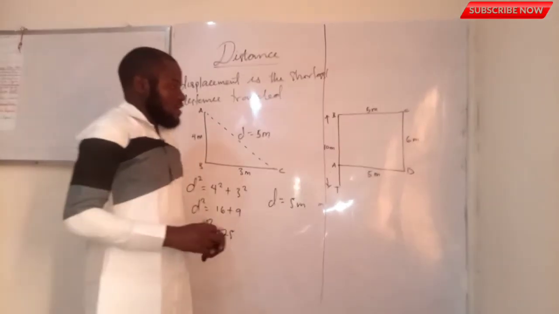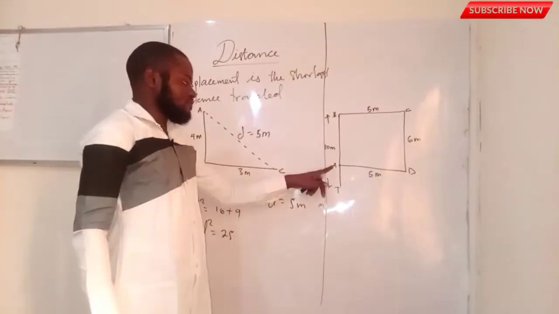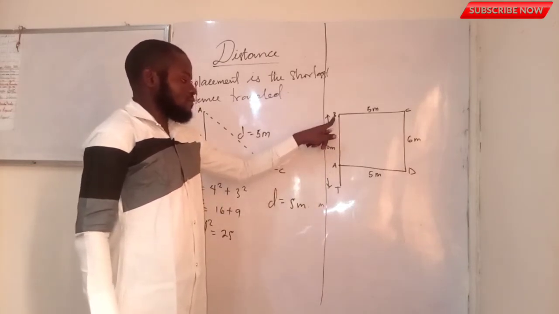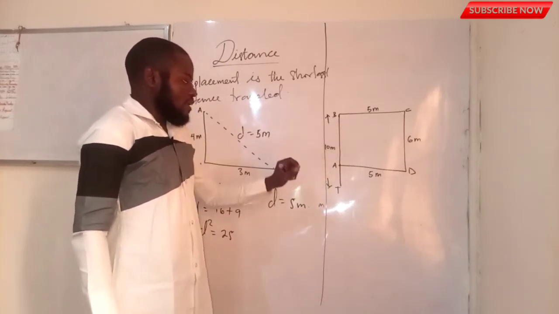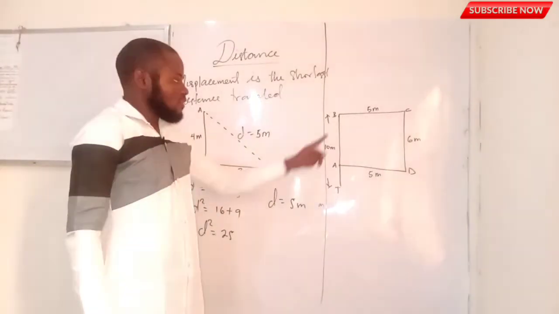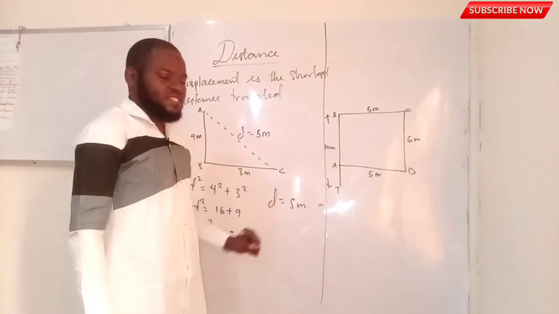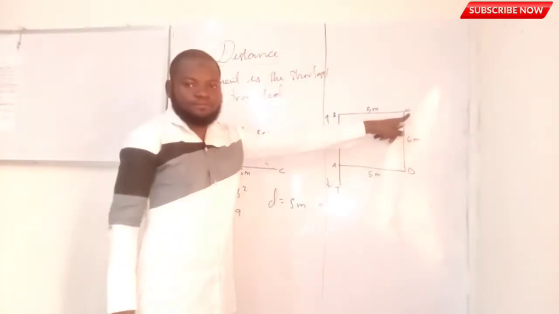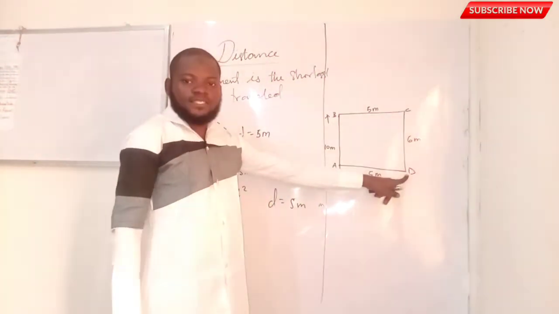Now, if a body wants to move from B, are we together? If a body wants to move from B to T. Now, the body moves from here down to this point here. Then to this point here.